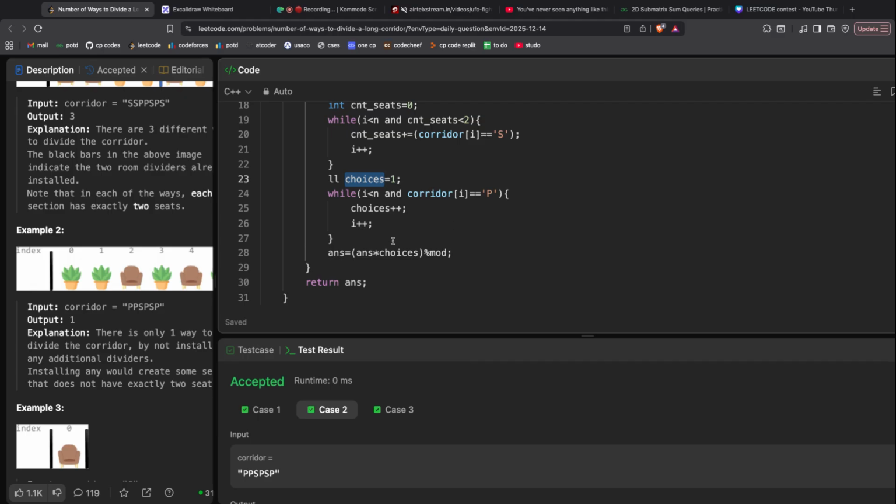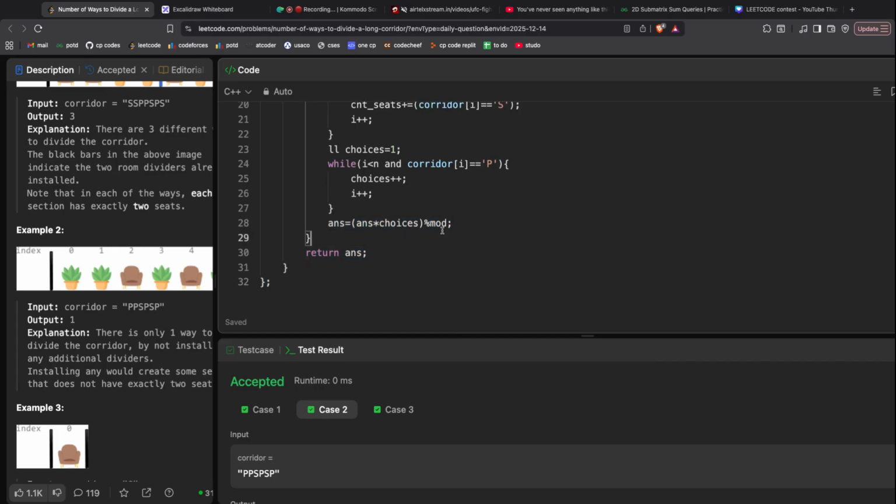So for each plant, if there's one plant, it would be one plus one, that is two, right? And I finally add it to the answer, and as I said, the choices get multiplied because they are independent of each other. And this is a bit of PNC that you should know. And finally, we can return the answer.